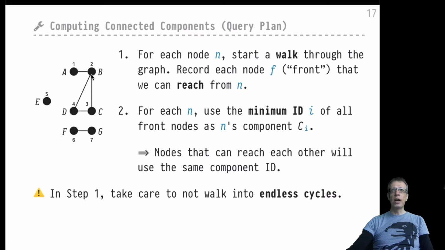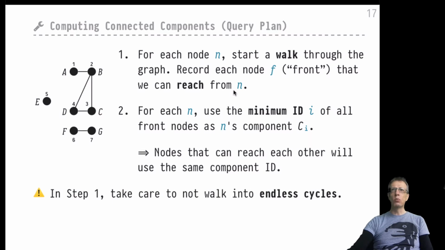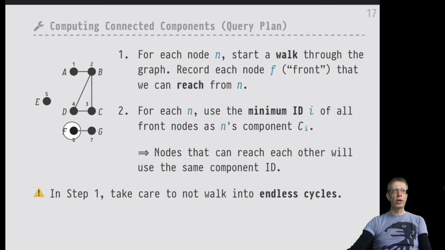But later on then, I will also be able to reach D and C. All right, so for our node A, that was the origin of this particular walk, I would record that I can reach B, I can reach C, I can reach D. That's what I'm trying to do with these walks through the graph. From node G, I can reach F. Okay, I can of course reach G myself. That's obvious, but I can also reach F and, well, nothing else. From E, I can reach E, but nothing else. Right. Okay.